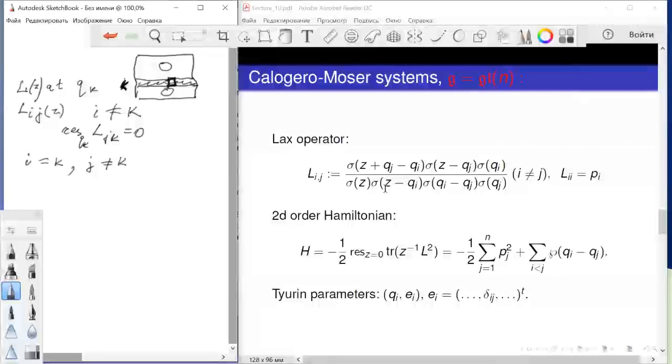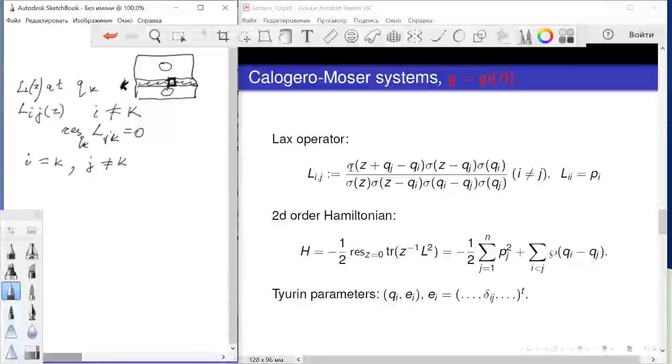At a simple zero, to calculate the residue, we must just drop out the sigma in the denominator and plug z equal to qi in the remainder. And we will see that this residue is equal to the following.